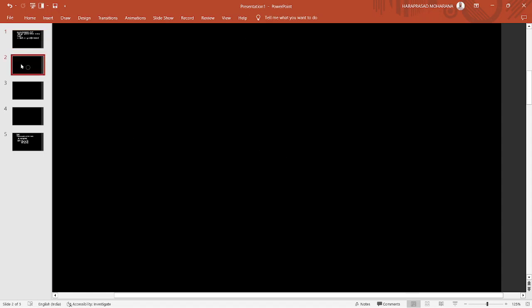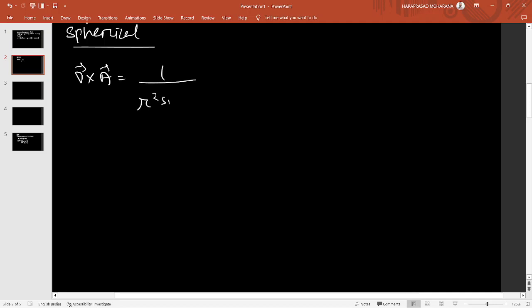Now we will see the expression for curl in different coordinate systems. First, the spherical coordinate system. In spherical we have curl of A as 1 upon r squared sine theta times a determinant with r cap, r theta cap, and r sine theta phi cap.